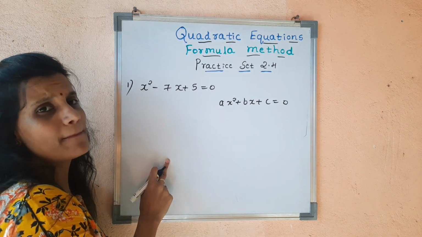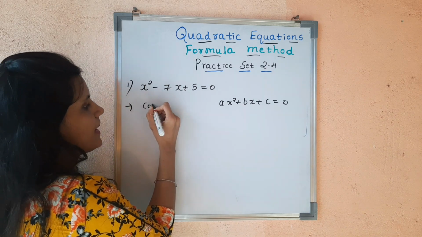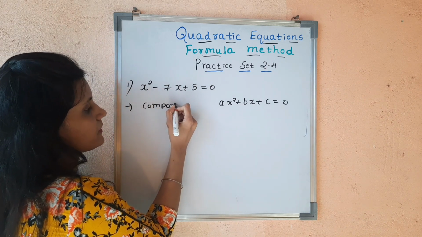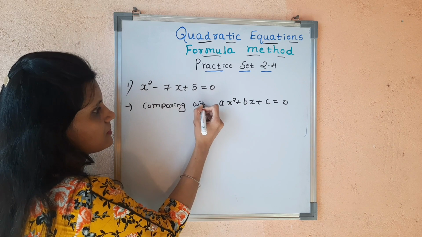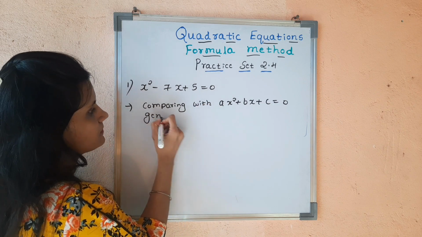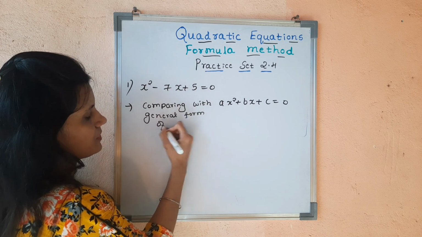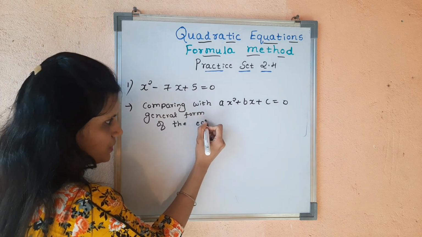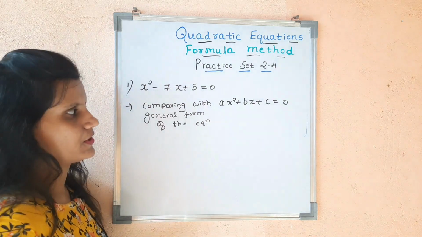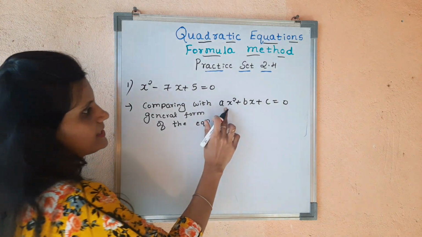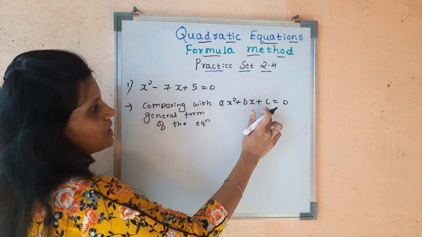So we have to compare this with the general form of the equation, that is ax square plus bx plus c is equal to 0.